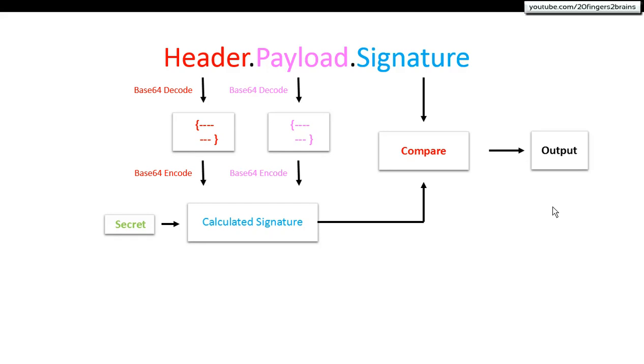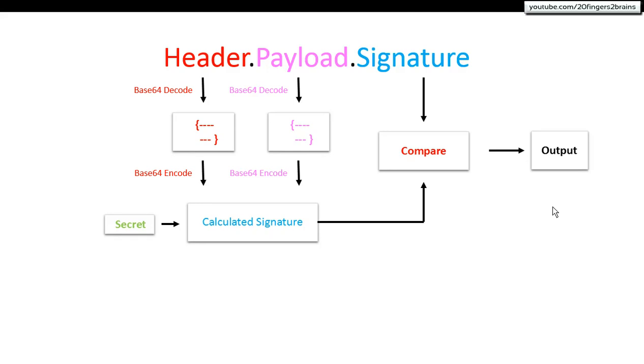So the server will calculate the signature at its own end and then compare it with the signature in the token, and it would know the payload has been changed and hence the signature is different. The server would know that the malicious user has updated the payload and the signatures are not matching, and thus this is not a valid user and will not be allowed to access the application.